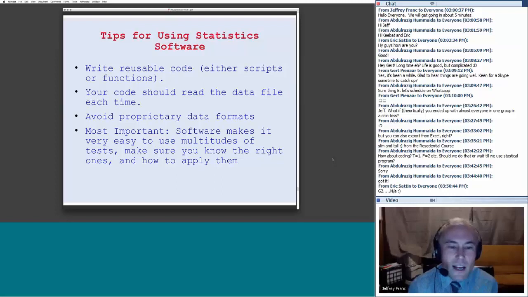I highly recommend avoiding proprietary data formats. That's when you use a specific software package and put the data directly into there. Sometimes it can be hard to get it back out. So say you use Stata for your statistical analysis and put the data directly in there.